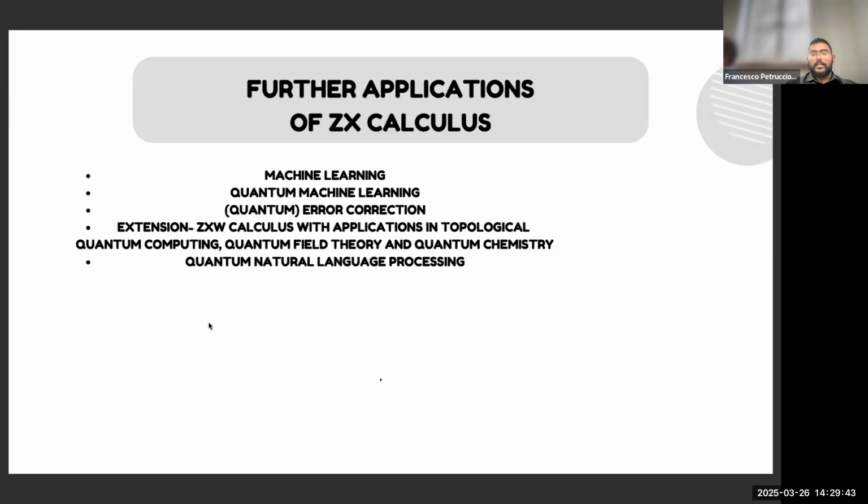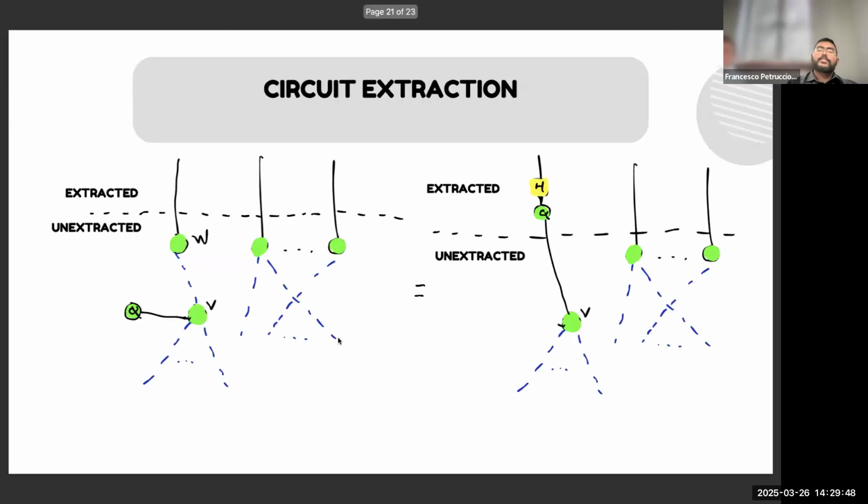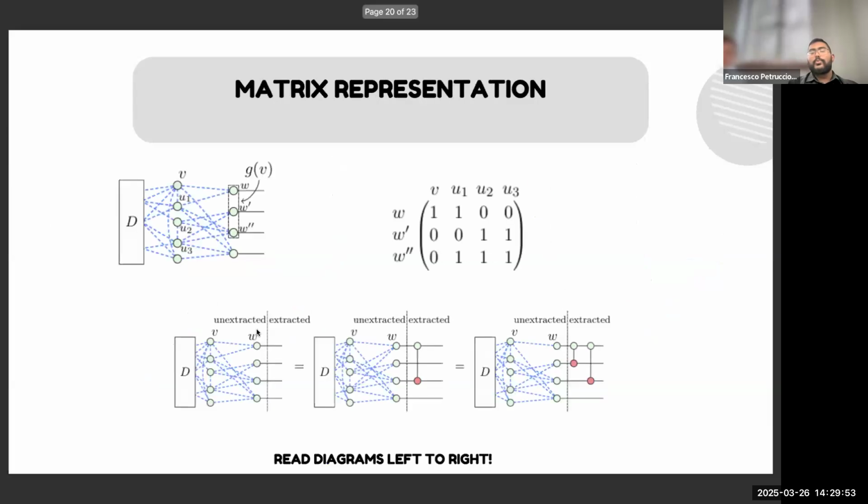The full algorithm, I'll leave a reference if you do want to read that. But instead of doing it this way, there is a more general algorithm where we choose vertices in the frontier. So the frontier is the vertices that are just before the extracted part, and you look at its neighbors and form one big bi-adjacency matrix, and then do Gaussian elimination actually, and that would reduce your matrix.